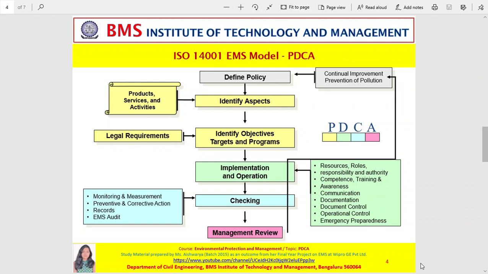It is essential to determine how well the organization has been able to achieve the set environmental objectives and targets. This step proves to be very important as it determines the amount of revision of the set objectives and targets for the next year.